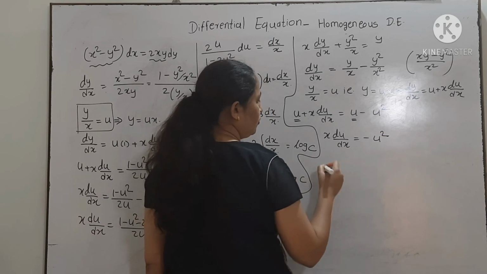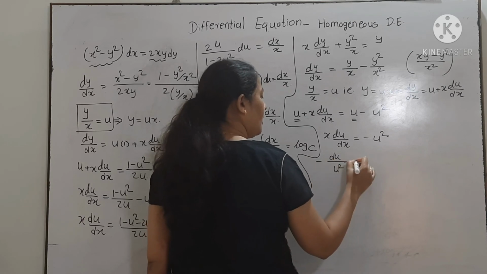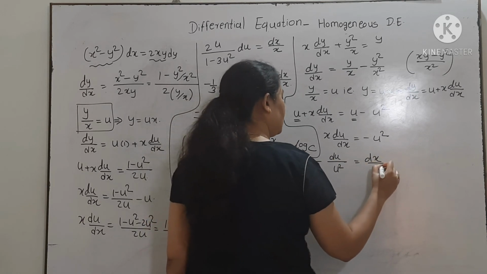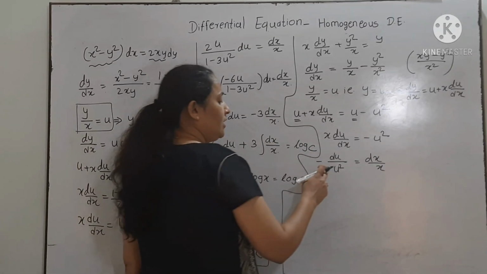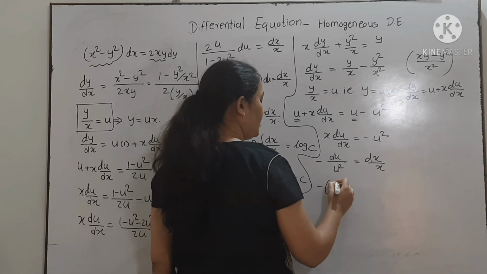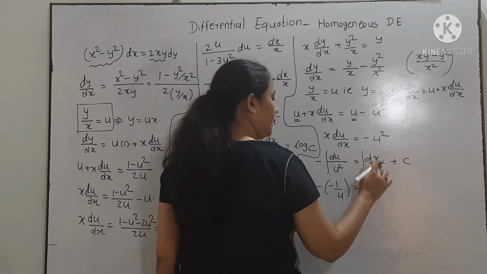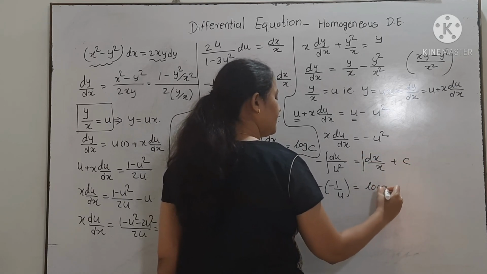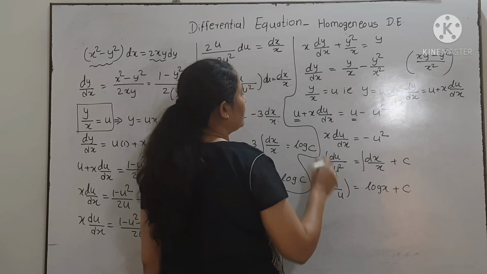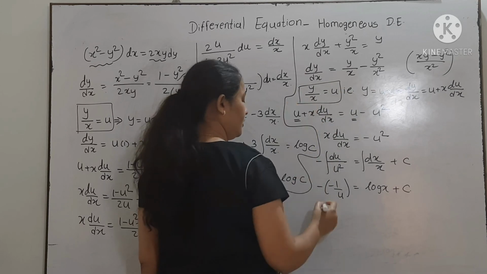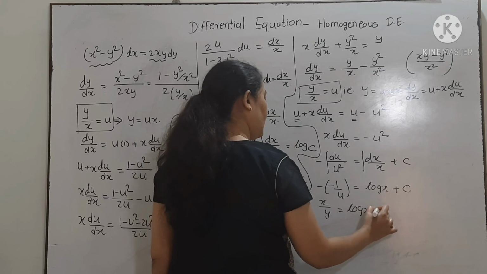If you convert this into variable separable form, it is du upon u square equal to dx upon x, with variables of u on one side and variables of x on the other side. Notice the integral of 1 upon u square is minus 1 upon u, equal to the integral of 1 upon x, which is log x plus c. Minus minus plus, substitute the value of u equal to y upon x. So it is x upon y equal to log x plus c.